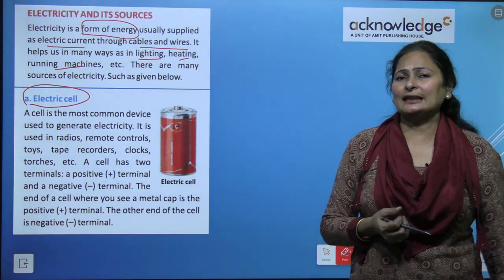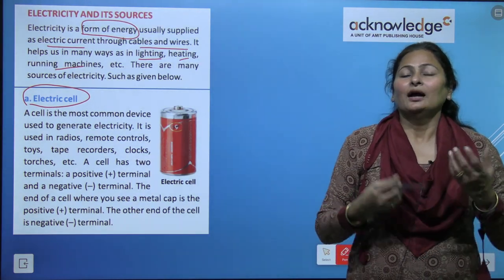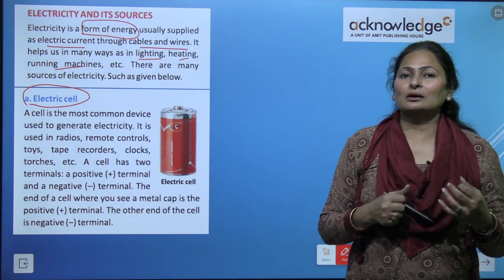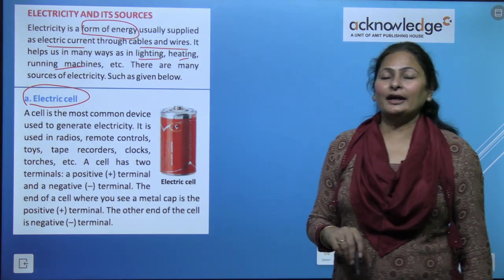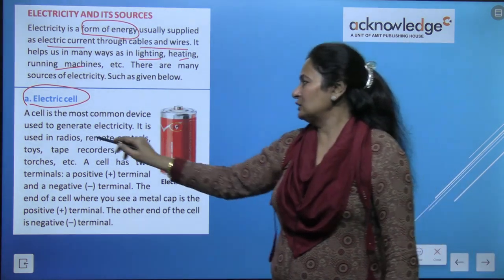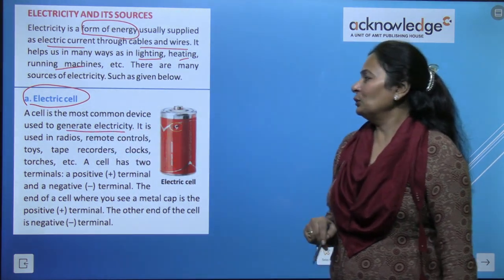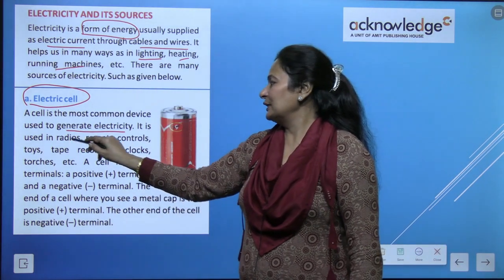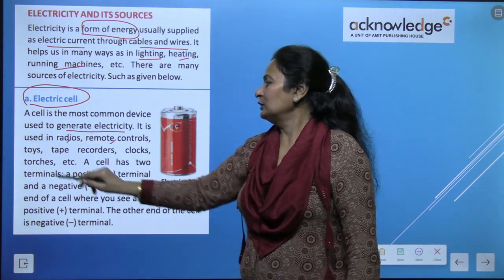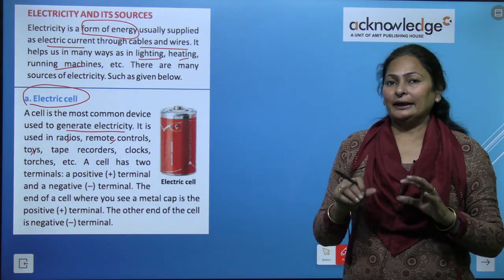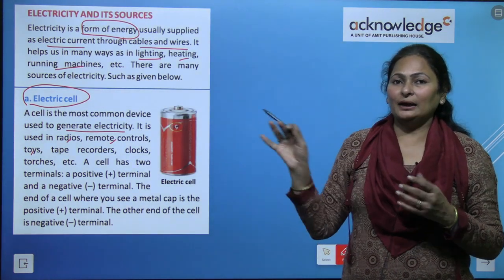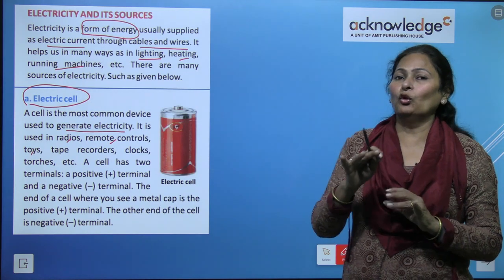All of you must have seen the electric cell in the remotes, in your watches, in the wall clocks, right? So a cell is the most common device used to generate electricity. It is used where? It is used in radios, remote control, toys also. They need batteries too. They need cells, electric cells to move.